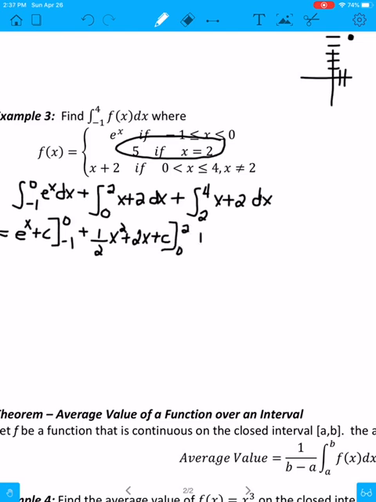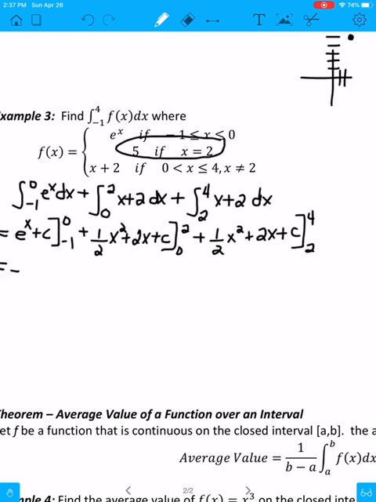And then we're going to get the same thing again: 1/2 x squared plus 2x plus c from 2 to 4. And we need to show this 0 to 2, 2 to 4, so that we're actually making light of the fact that there is a coordinate at 2, 5. So there is a breakup in the graph.